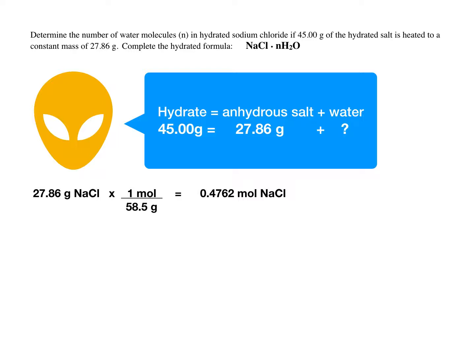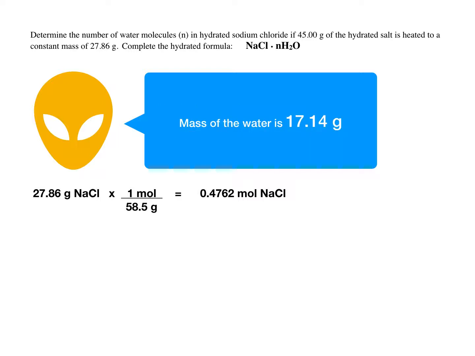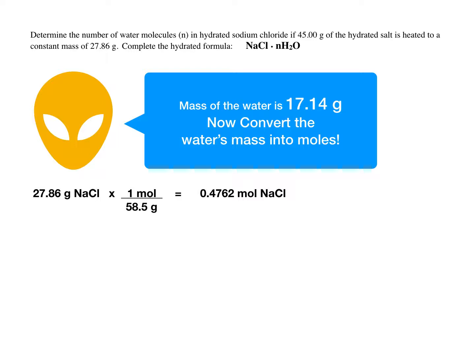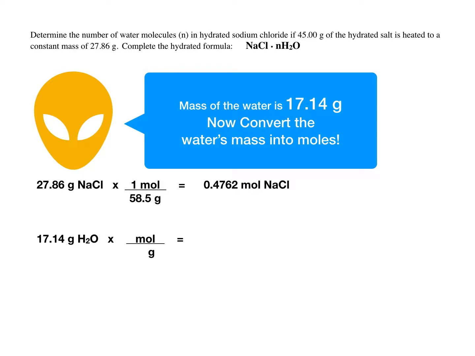So if you calculate the difference between the hydrate versus the anhydrous salt, you will get the water's mass of 17.14 grams. So now we need to convert the 17.14 grams of water into moles. So the dimensional analysis I've got started: 17.14 grams of H2O times moles divided by grams.